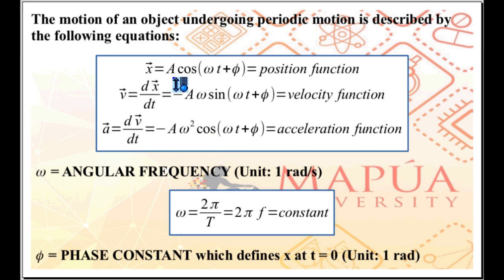For x, the amplitude is A; for v, the amplitude is A omega; and for a, the amplitude is A omega squared. Maximum value of x, maximum value of v, and maximum value of a.